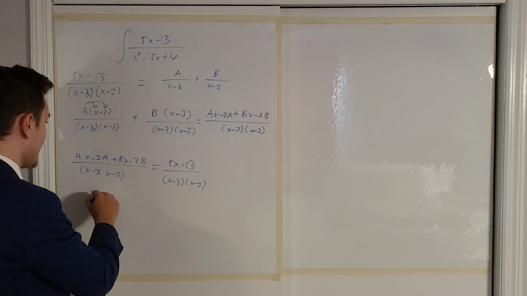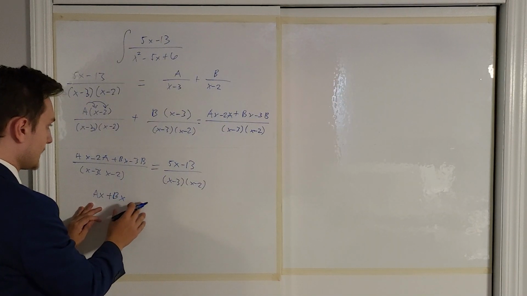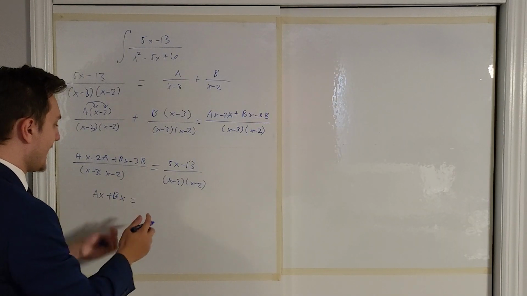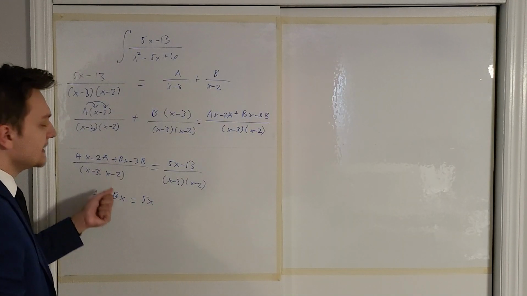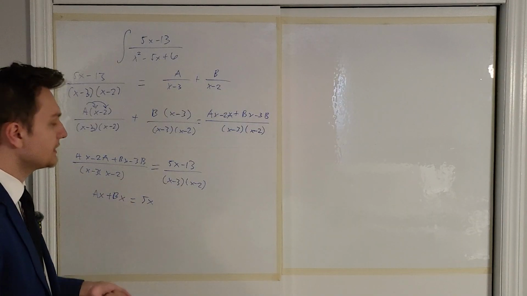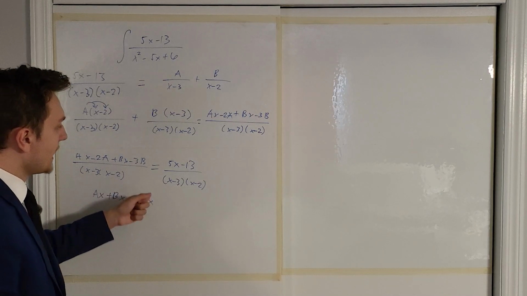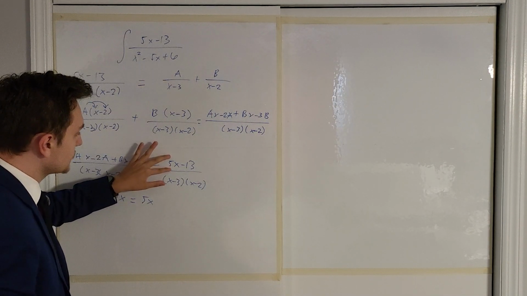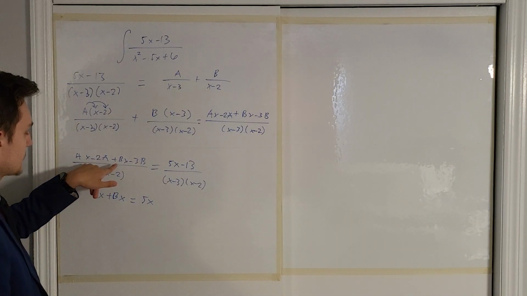So I have Ax plus Bx, the terms that have an x, has to equal 5x, okay? Because A is a constant number, B is a constant number. B cannot be a function of x, okay? Which means the only way I can have items adding to 5x is if I add the items that already have x, okay?